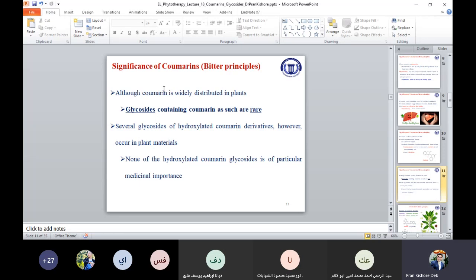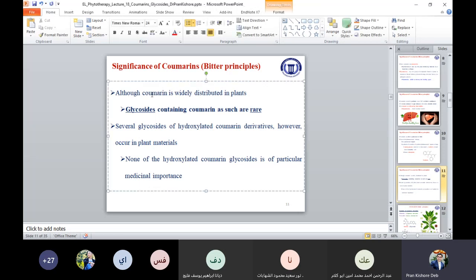So whatever medicinal effects you see, it is because of the aglycon coumarin, not because of the glycoside. So read now, although coumarins are widely distributed in plants, glycosides containing coumarin as such are rare.